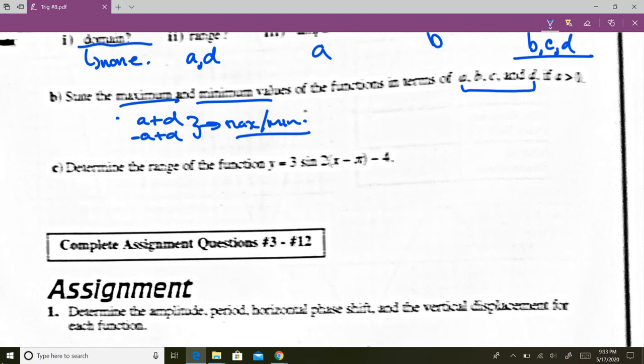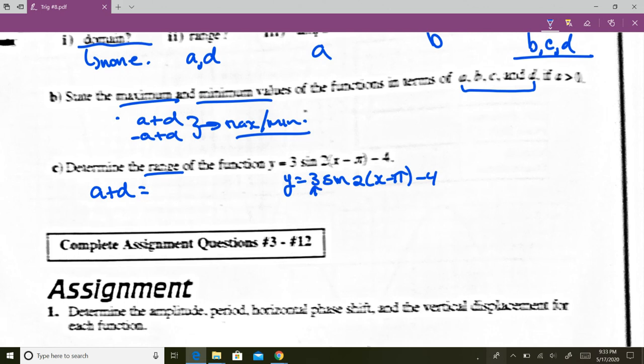So when they ask for the range of a function, and if you can read what they have here, but what it says is 3 sine 2x minus pi minus 4. I want to know the range. Well, just do a plus d.